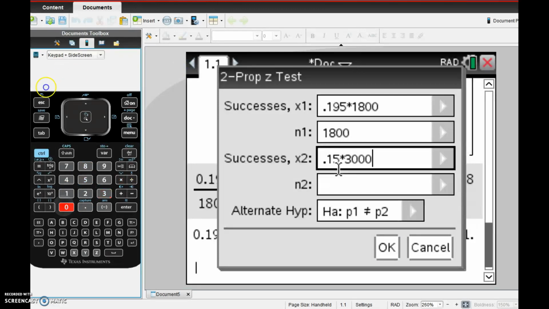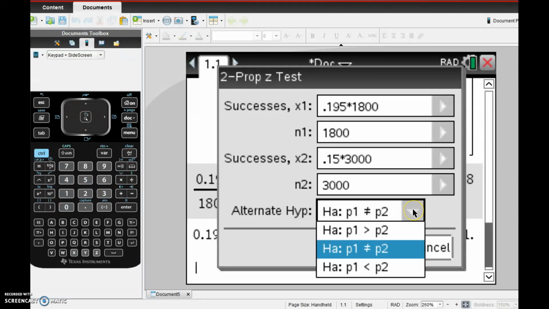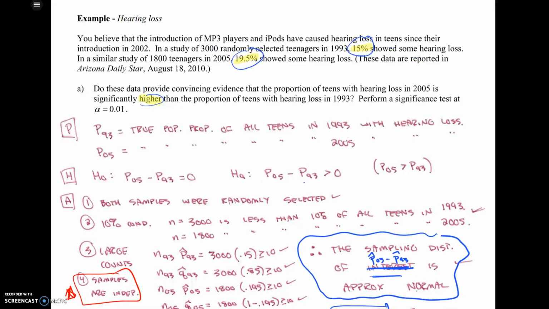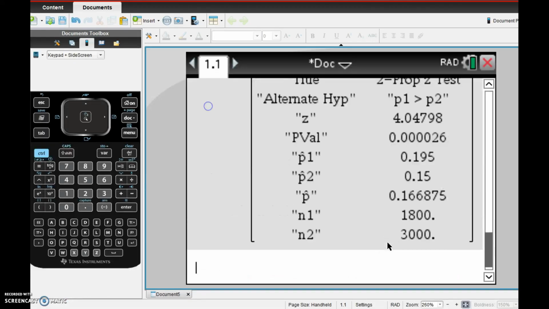That is definitely an integer. And I want to do a one-sided test. I want to know if this one is bigger than this one. That's kind of why I like writing it. I kind of do it both ways because I'm a little OCD, but I want to know if 05 is bigger. Okay. Test statistic 4.04, p-value 0.00025. This is overwhelming evidence.